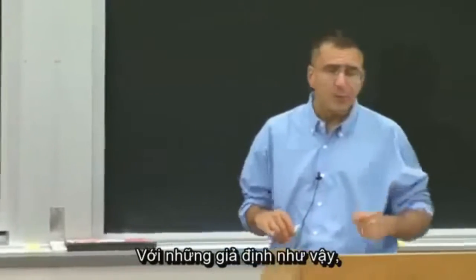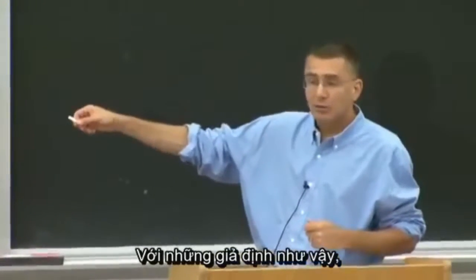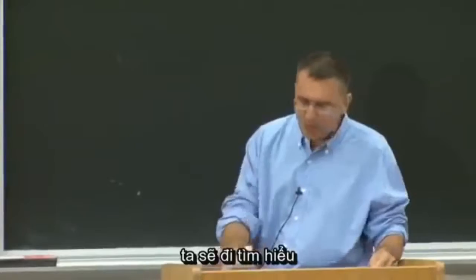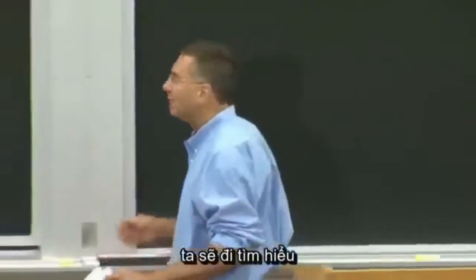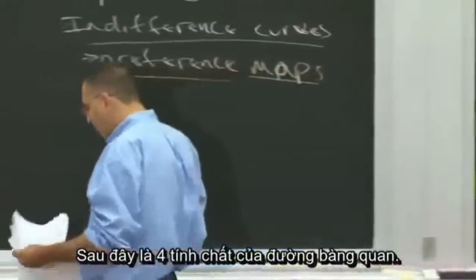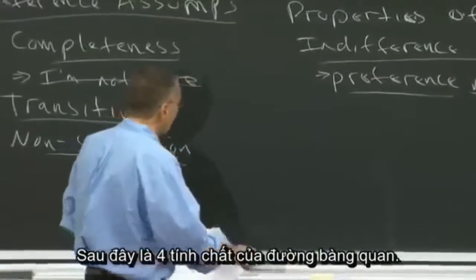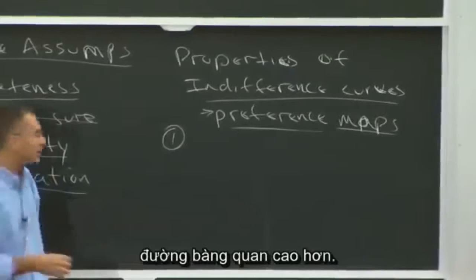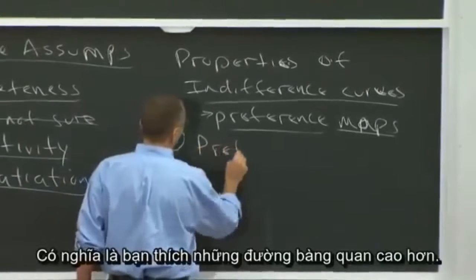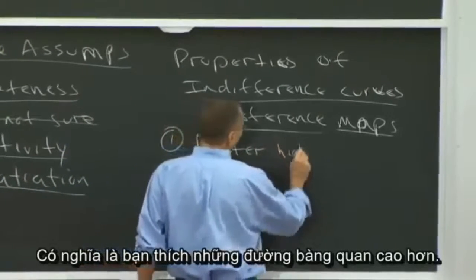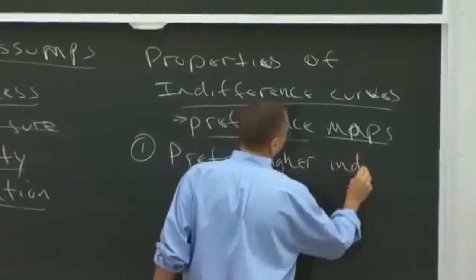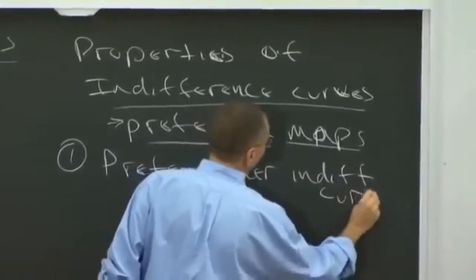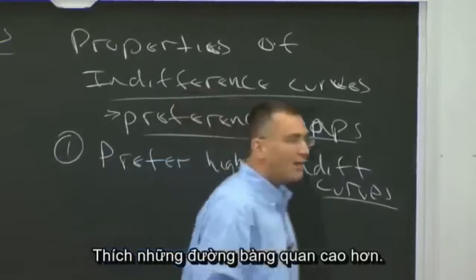Okay, so, armed with those assumptions, there are four key properties of indifference curves that we have to keep track of. The first is that consumers prefer higher indifference curves.